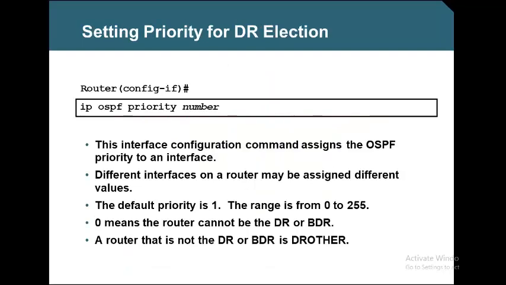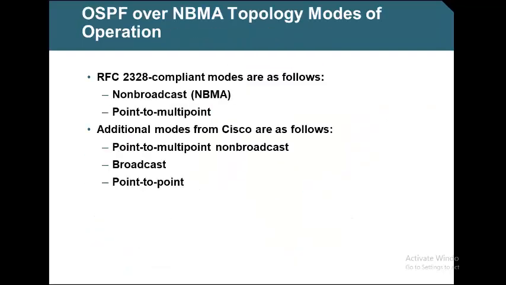These two are RFC standard network types. The other 3 are Cisco standard network types: point to multipoint non-broadcast, broadcast, and point to point. This broadcast and point to point is not the same broadcast and point to point which we saw today. This broadcast and this point to point are coming under what? Non-broadcast.